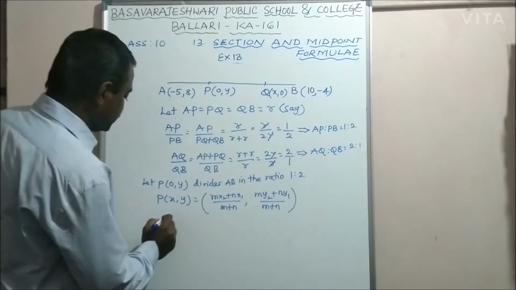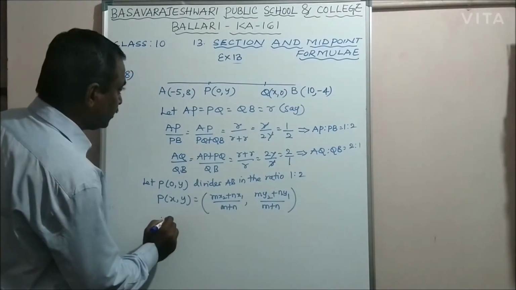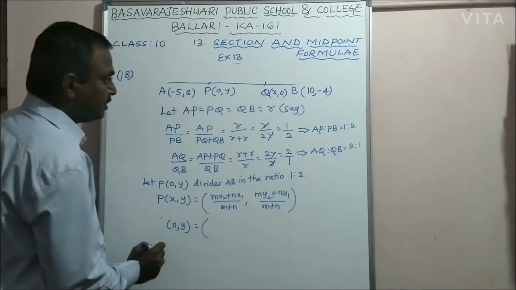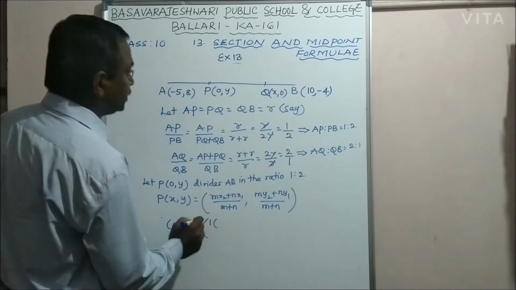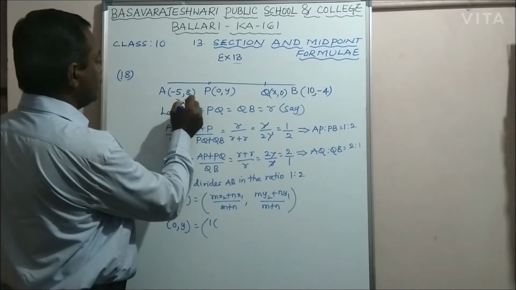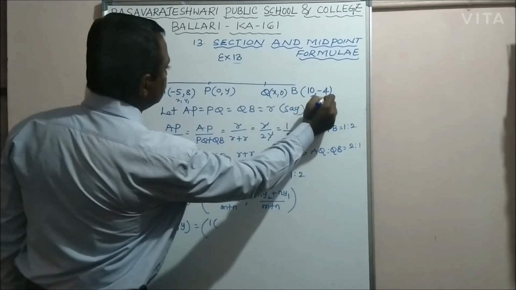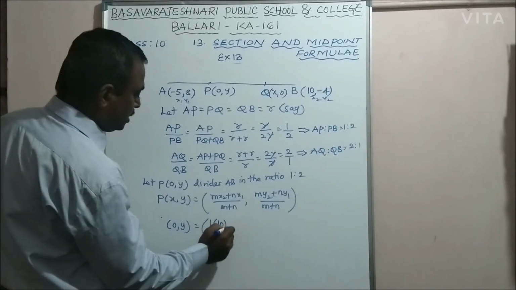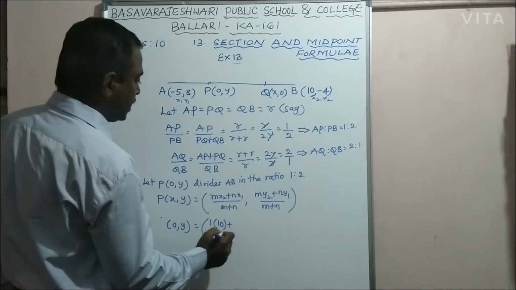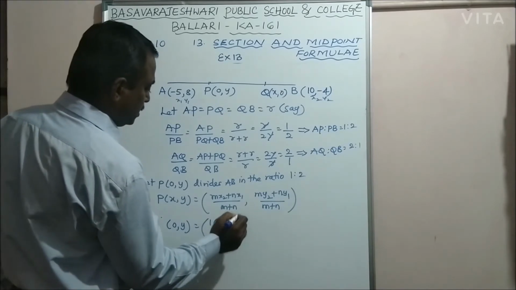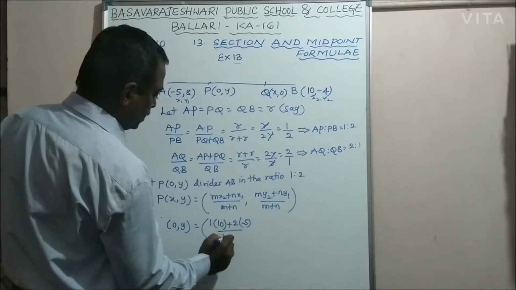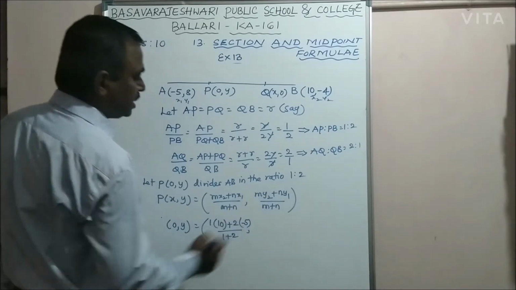Now substitute the values. 0, y is equal to m means 1. This is x1, y1. This is x2, y2. So x2 means 10, plus n means 2, x1 means minus 5, by 1 plus 2, comma.